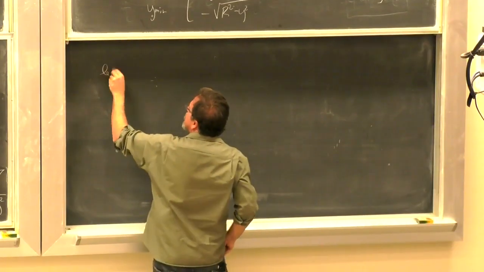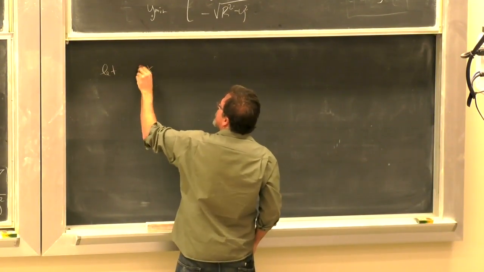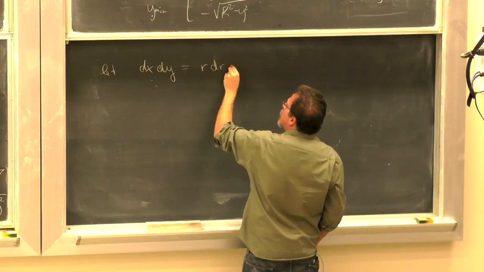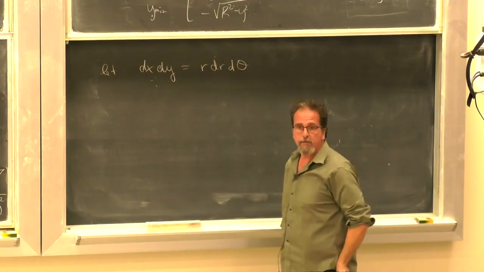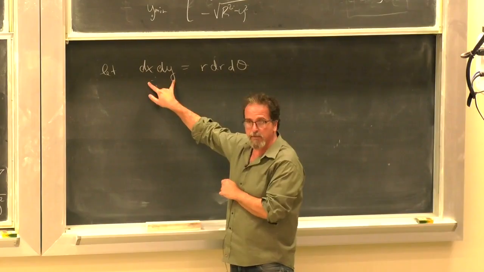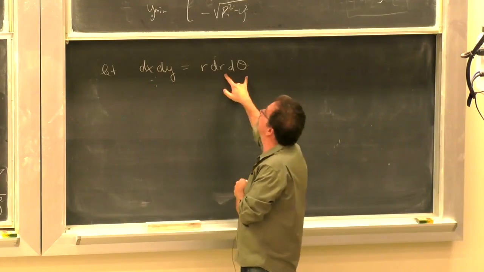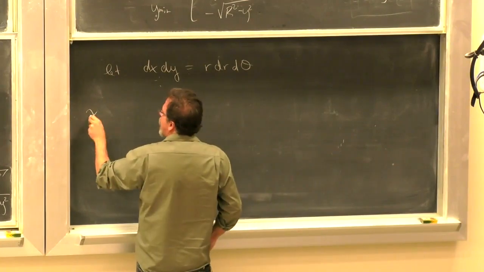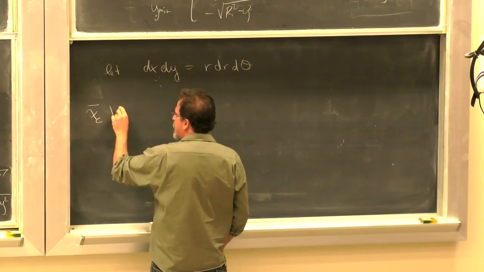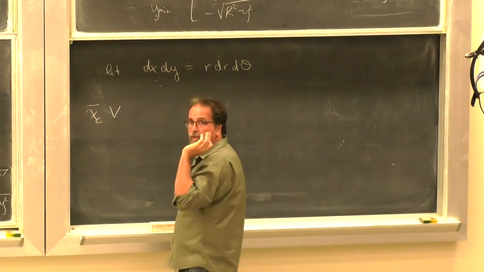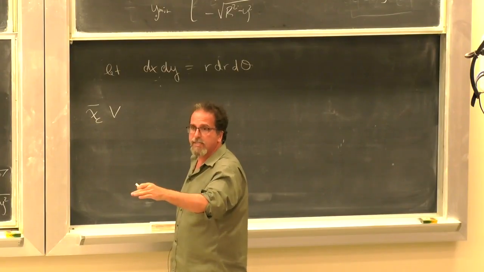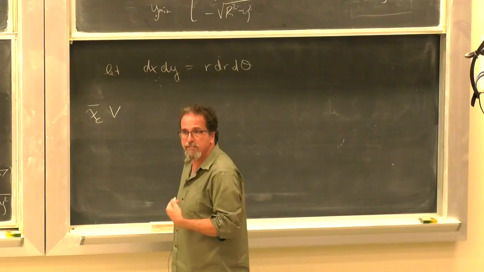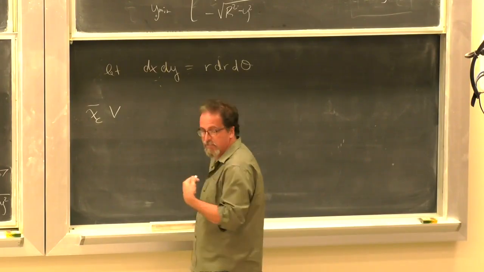I let dx times dy, which is the area in Cartesian, equal r dr dθ, which is the area in polar. In this case, x̄c is still x̄c. I'm using polar coordinates to calculate the Cartesian x component of the center of mass, sorry, of the centroid.